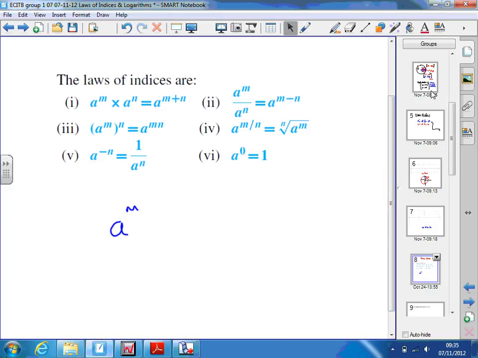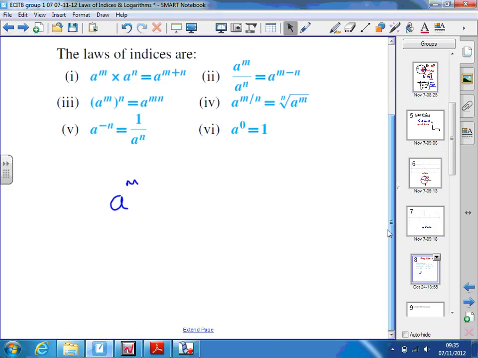So, these laws of indices refer to numbers, of course. A and M, all letters that are used now, always represent numbers. So this A that I've got here is a number, and so is M. A is what's called the base.